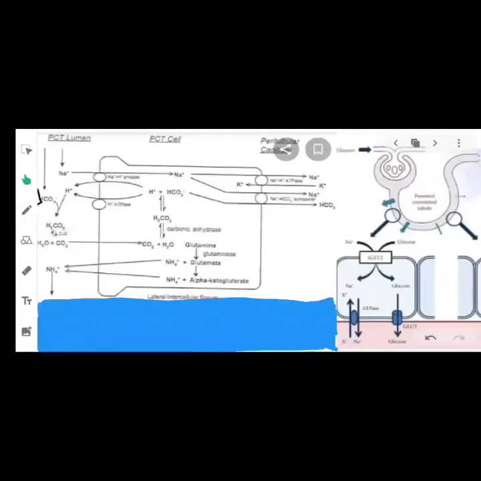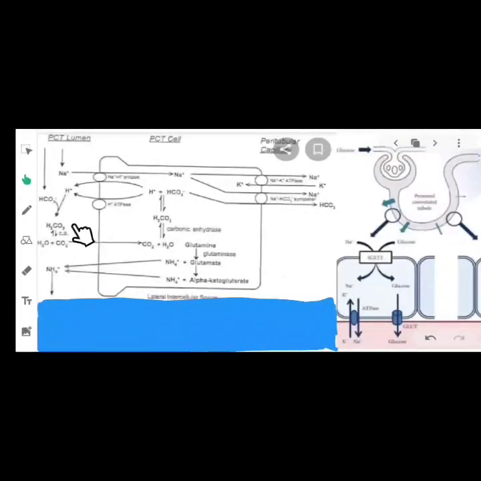The sodium bicarbonate dissociates into sodium and bicarbonate, and then the sodium diffuses into the tubular cell in exchange with hydrogen. Like we studied before, through the sodium hydrogen antiport, sodium gets exchanged with hydrogen. Now this bicarbonate combines with hydrogen and forms carbonic acid.